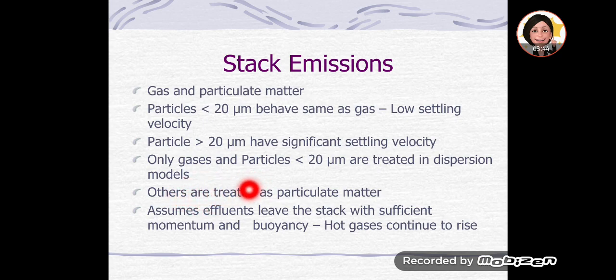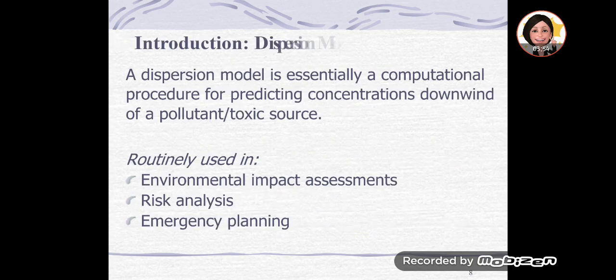So we assume effluents leave the stack with sufficient momentum and buoyancy, so the hot gases will continue to rise. A dispersion model is essentially a computational procedure for predicting concentrations downwind of a pollutant or toxic source.